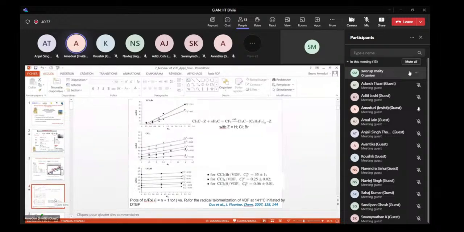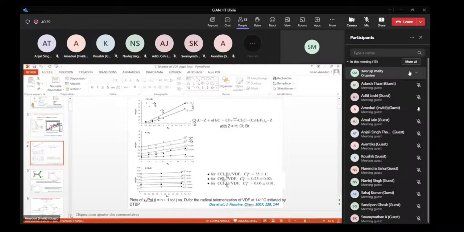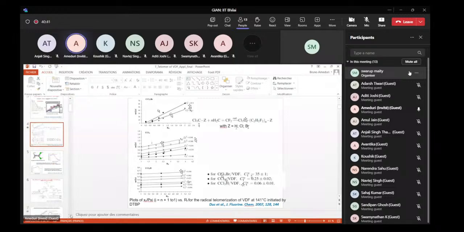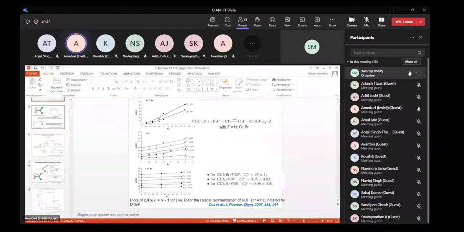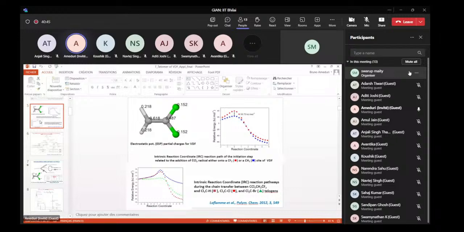These results were very interesting, and even with colleagues at the University of Sherbrooke, we had a nice collaboration 10 years ago regarding the simulation.